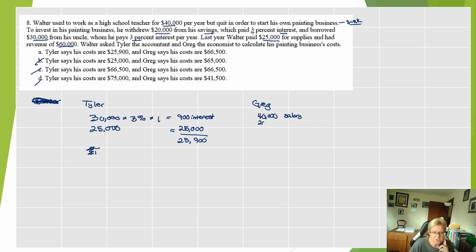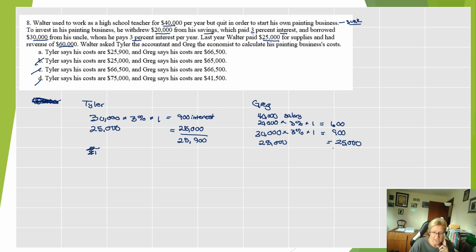The $20,000 that you took out of your savings account, which pays 3% interest for one period, and that's going to be $600 foregone interest. $30,000 that you borrowed from your uncle, this is going to be the same as our accountant, $900 interest. And we also have the $25,000 in supplies.